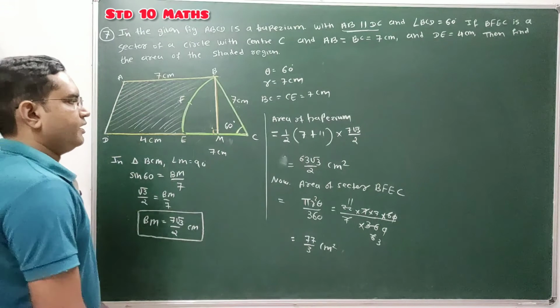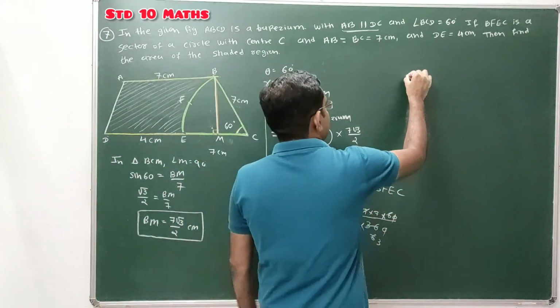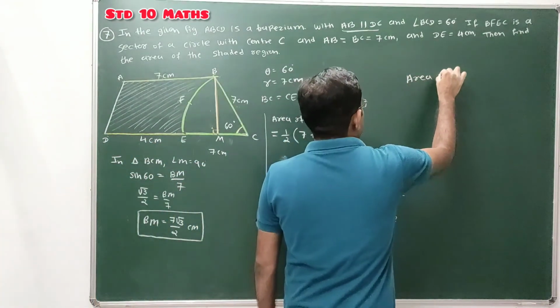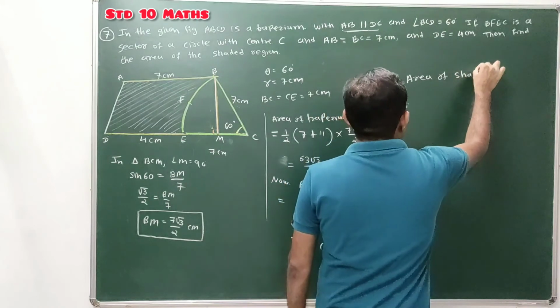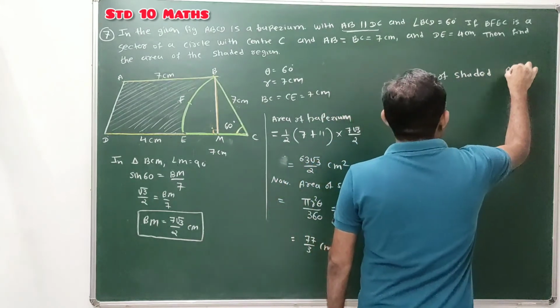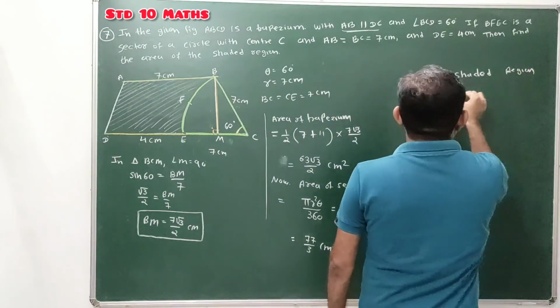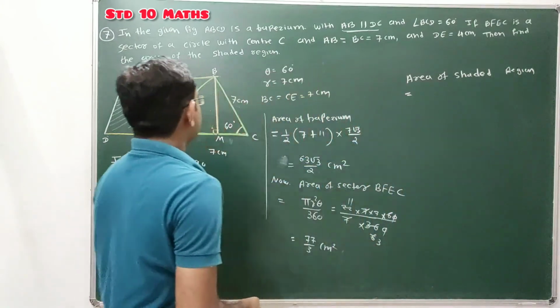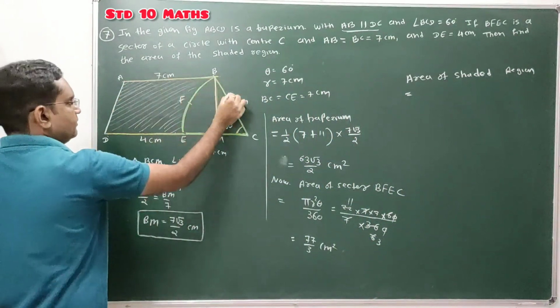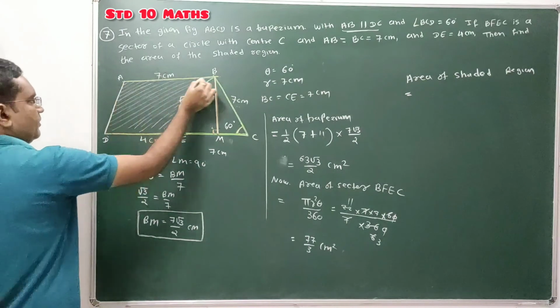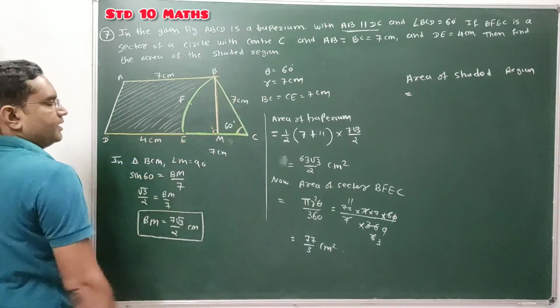Done. So now the area of the shaded region. Third step, we can write area of shaded region. What is the area of shaded region in this figure? Area of trapezium minus area of this sector.